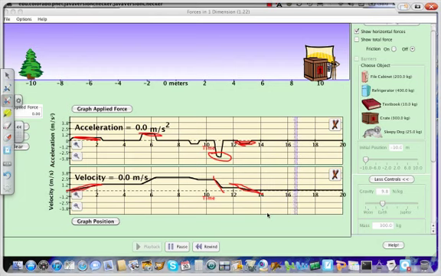So there's several things that are important here. Remember that acceleration is a change in speed. In other words, it's a delta v over a delta t, or it's a slope.